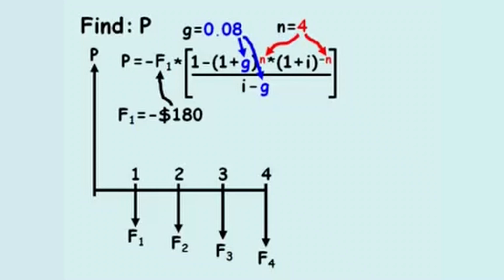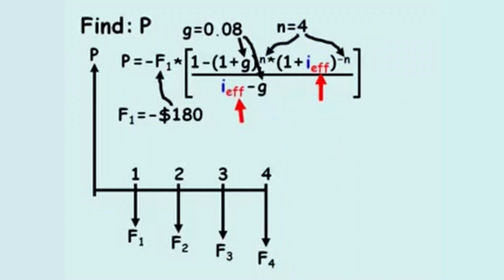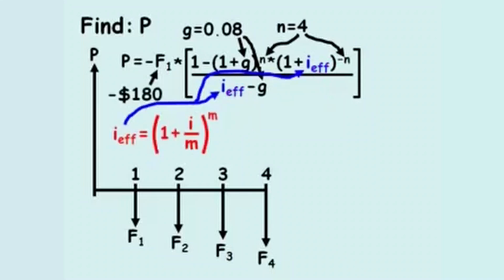In this equation, I represents the effective annual interest rate, so we'll add the subscript EFF to these terms. The effective interest rate equals 1 plus I over m all raised to the m, where I represents the nominal interest rate, which we were provided, and m equals the number of times per year compounding takes place.